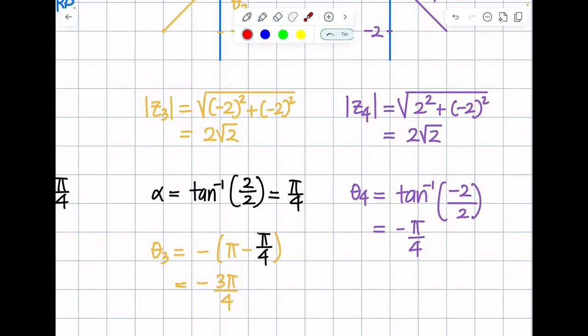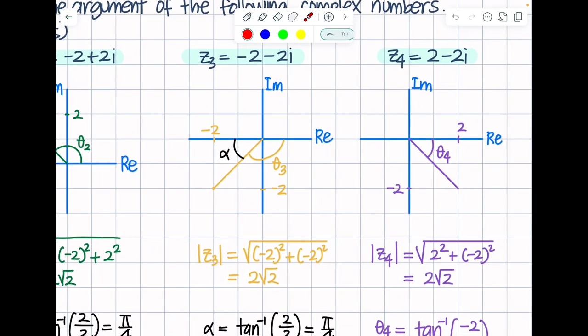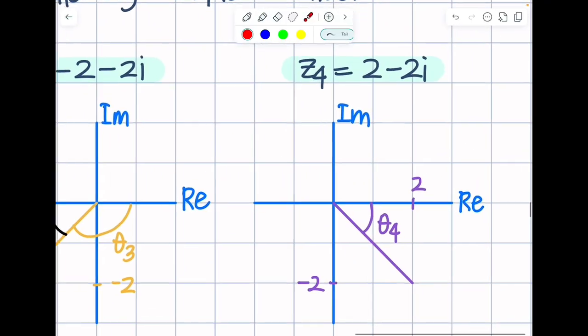Oh, the modulus are the same, right? Negative 2 squared plus negative 2 squared, that is 2 square root 2. The last one, z4, 2 minus 2i.